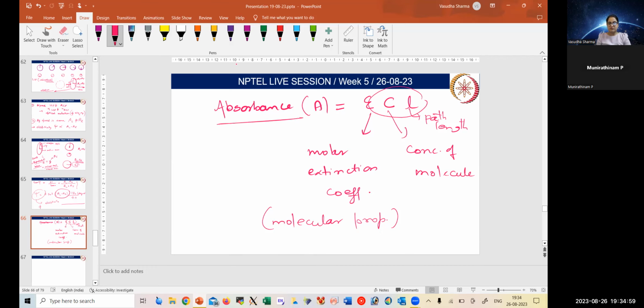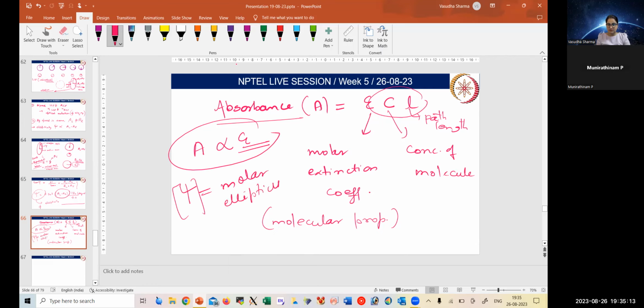So absorbance mainly depends upon your molar extinction coefficient. And depending upon this, the psi can be known as, this symbol is known as molar ellipticity, given as 100 into psi divided by C into L. So for a particular concentration and length, what is your molar ellipticity corresponding to the molar extinction coefficient?